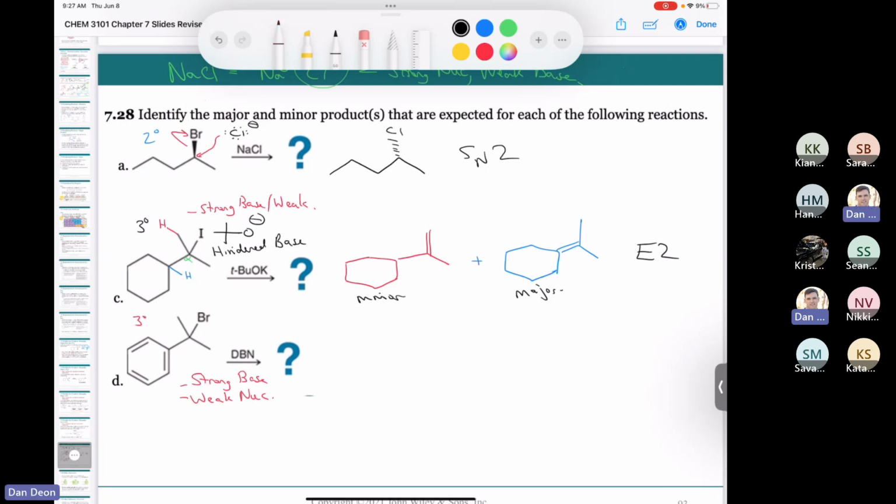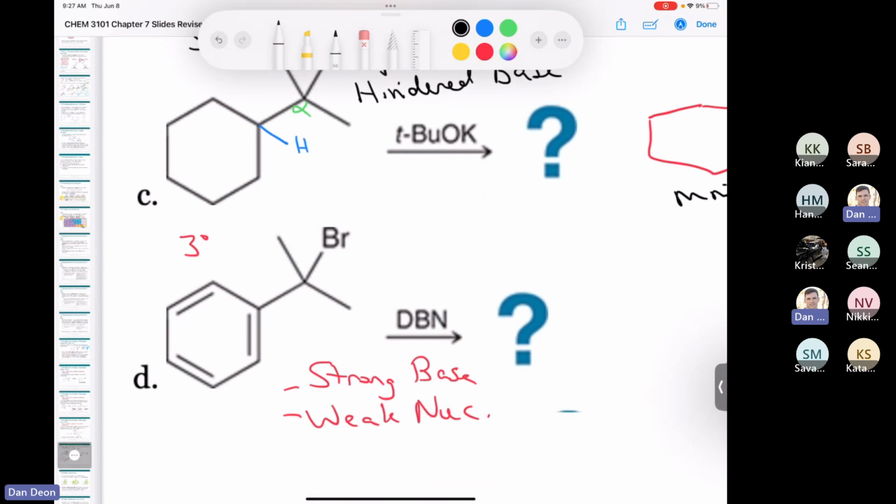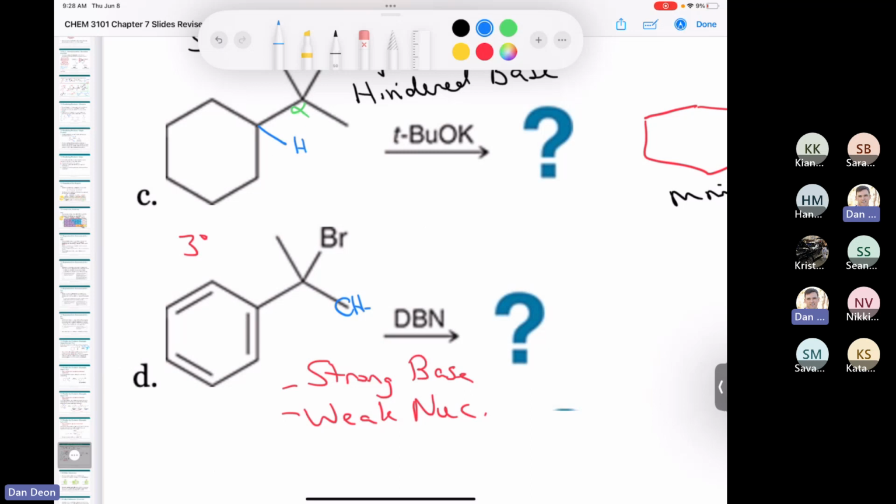And how many types of beta protons are there in this molecule? There's only one kind, right? Because these two methyl groups are identical, because there's free rotation around this bond.